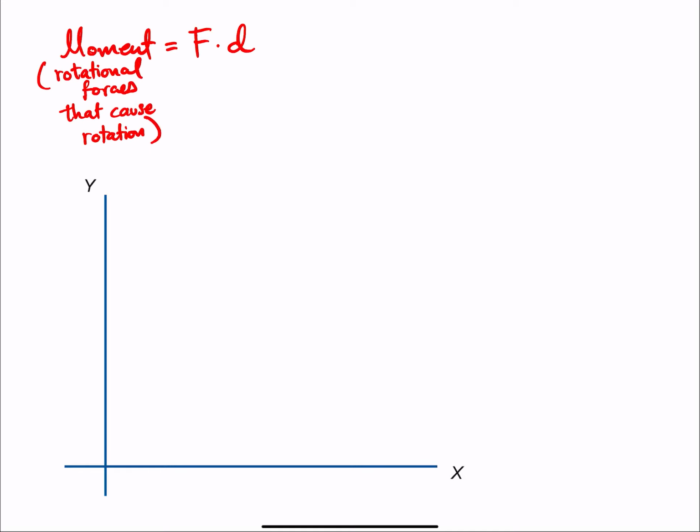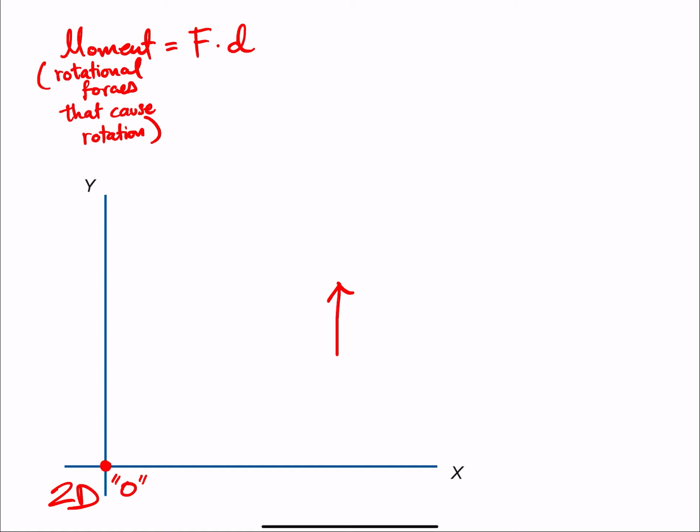Let's see how they look in 2D. So I have here a Cartesian plane. Let's just write here that it's 2D. And I have a force here, which is perfectly vertical. And I'm going to identify a point at the origin called O, point O. So this is O for origin, located at 0, 0.